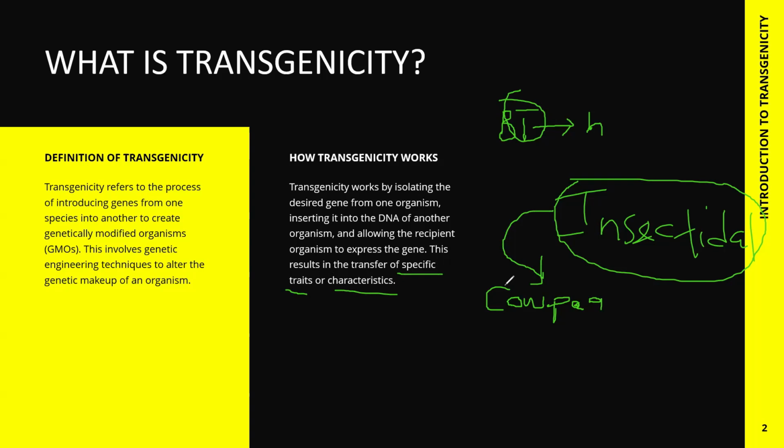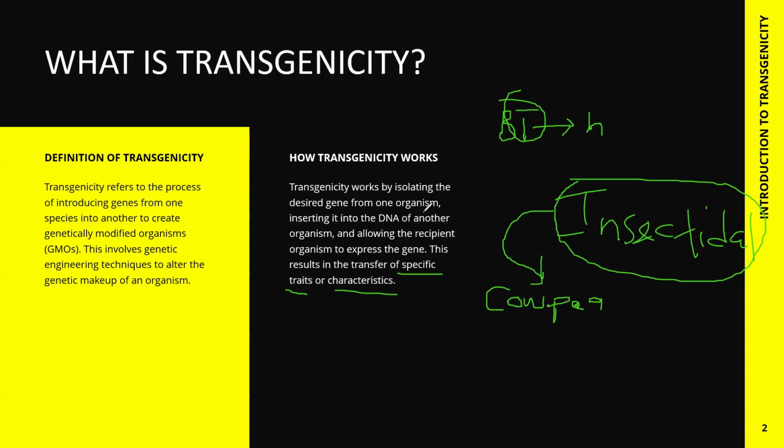So any insect that feeds on the cowpea, due to the presence of this insecticidal protein, will die. They will die. That is how the transgenicity works.